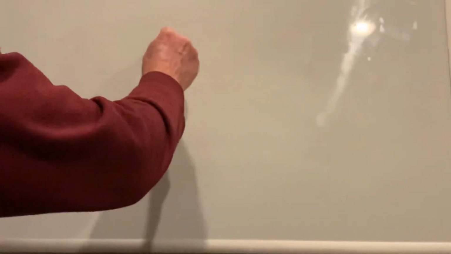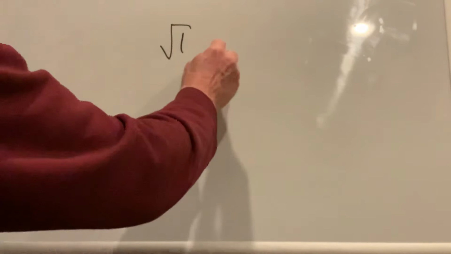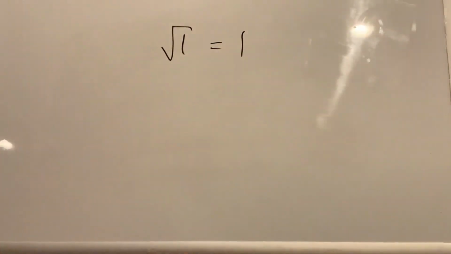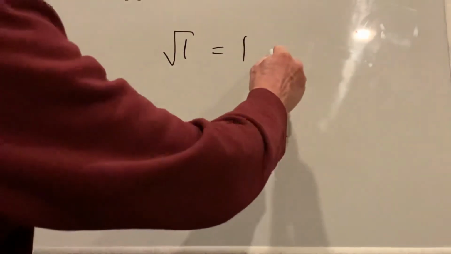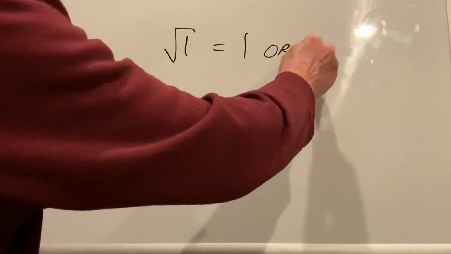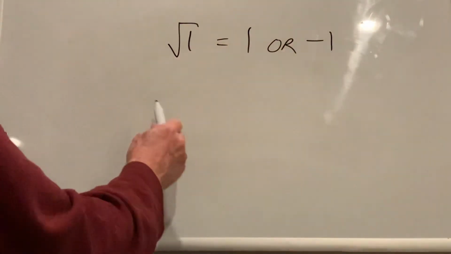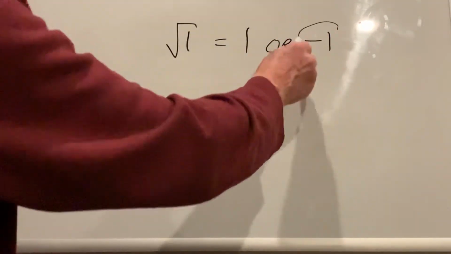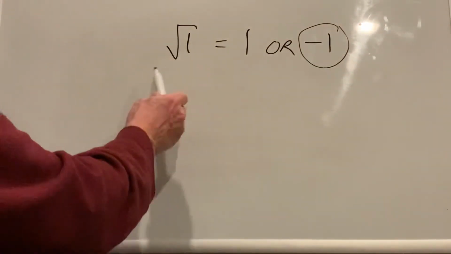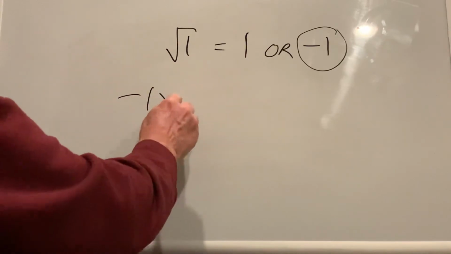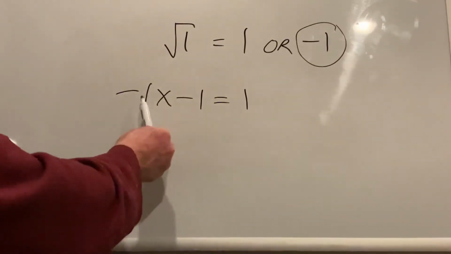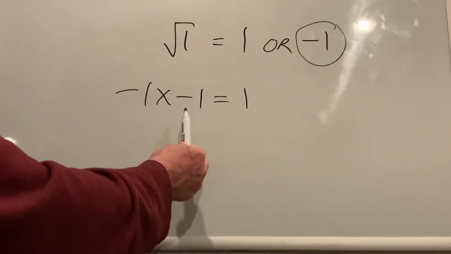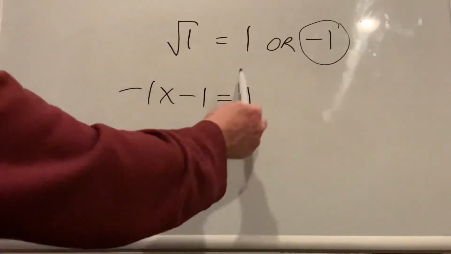Now, a couple of special ones, I suppose. As I mentioned before, square root of 1 equals 1. 1 times 1 is 1. But there's another square root of 1. Or 1 or negative 1. That is, negative 1 is also the square root of 1, because negative 1 times negative 1 equals 1. When you have two negative numbers multiplying by each other or dividing, you'll end up with a positive number.